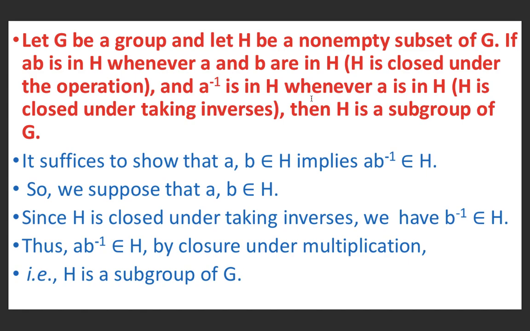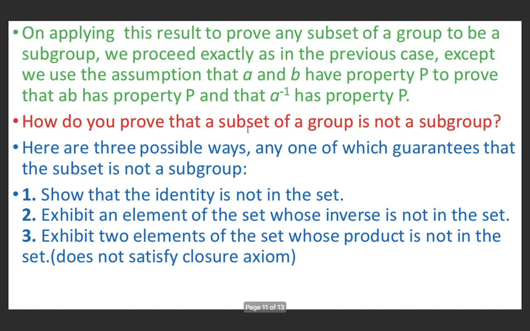Sometimes we also use this property to prove that a subset of G is a subgroup of G. This condition states the elements of H should be closed under the group operation, and it should be closed under taking inverses.